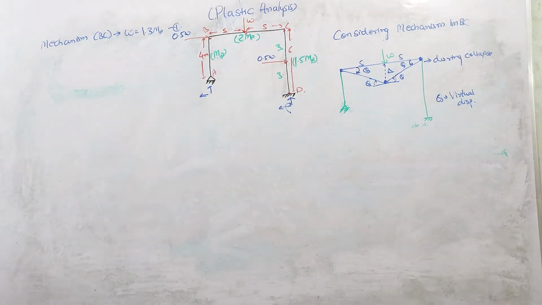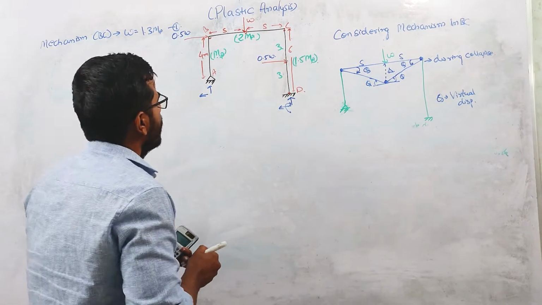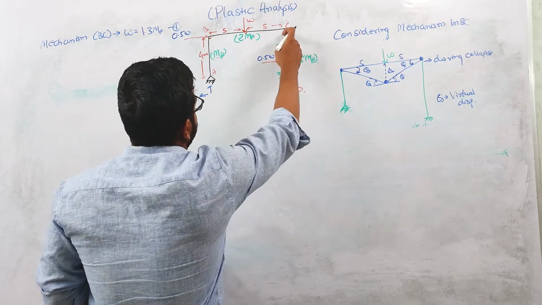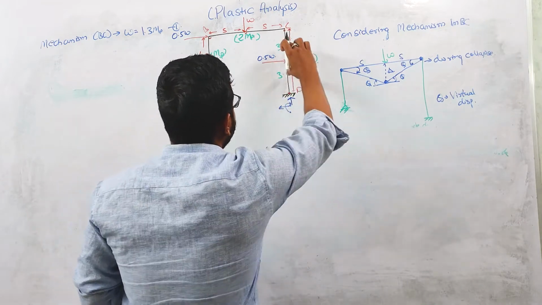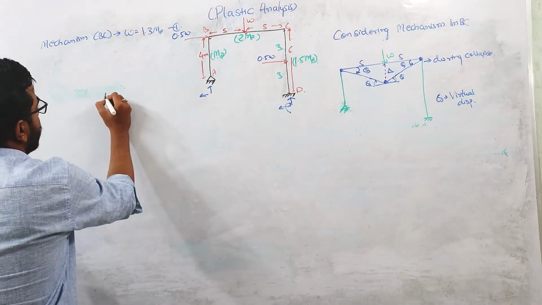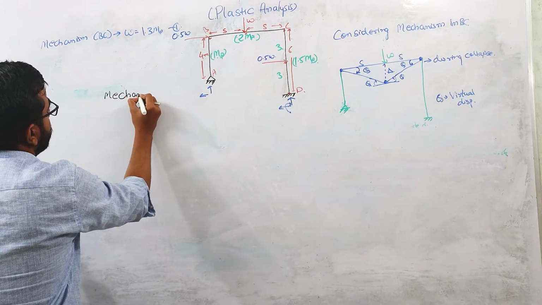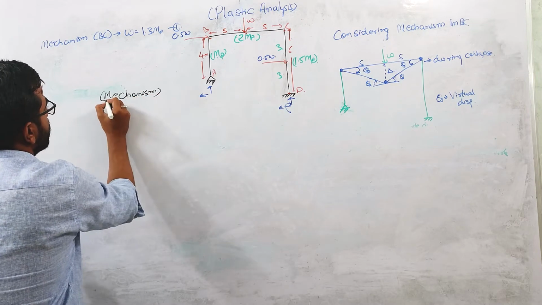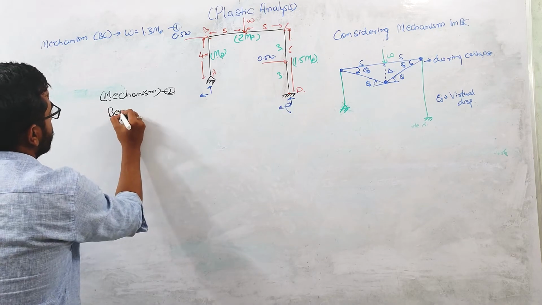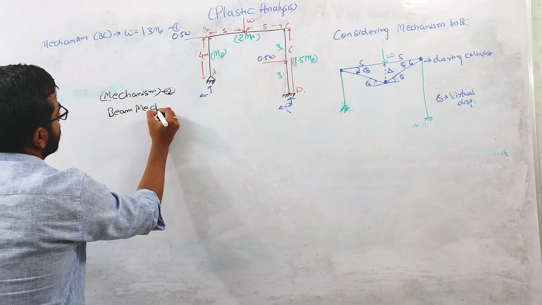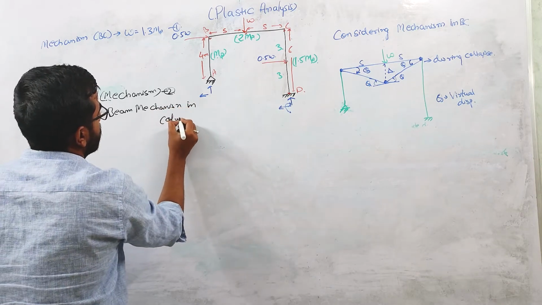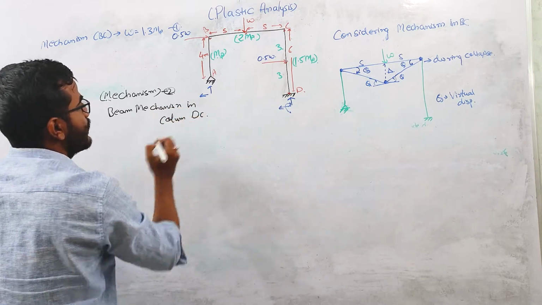So in mechanism 2, I am assuming that the beam mechanism will form in this column CD. So now in mechanism 2, beam mechanism in column ADC.